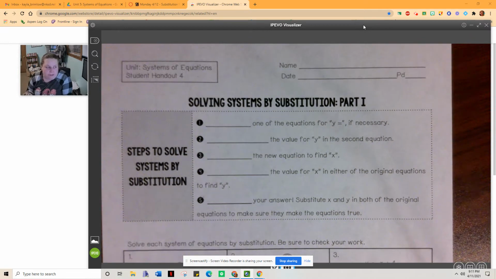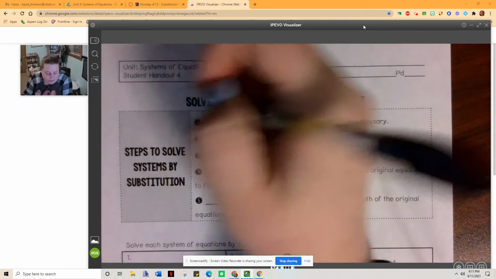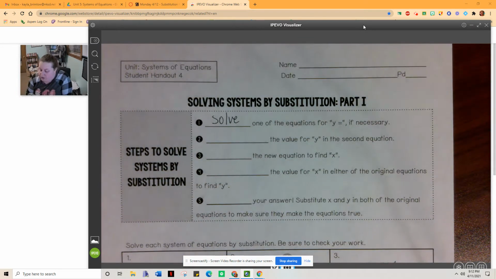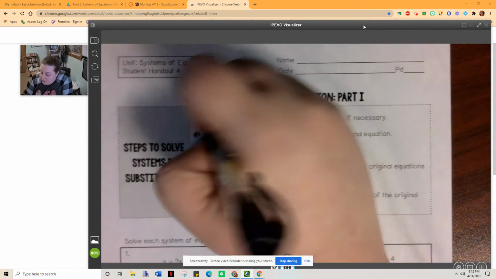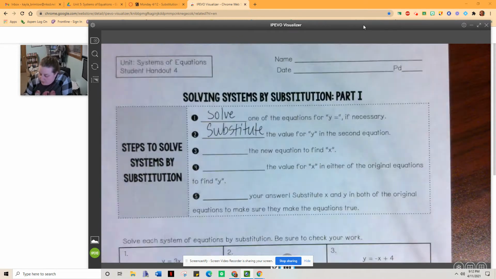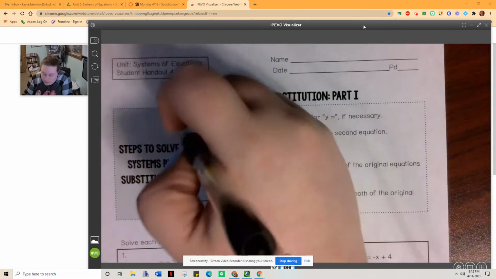Steps to solve systems by substitution. The word substitution means to replace. So you're replacing something with its equivalent. Step one is to solve one of the equations for y equals if necessary. So you have to have one equation as y or x equals. Then you're going to substitute the value for y into the second equation.